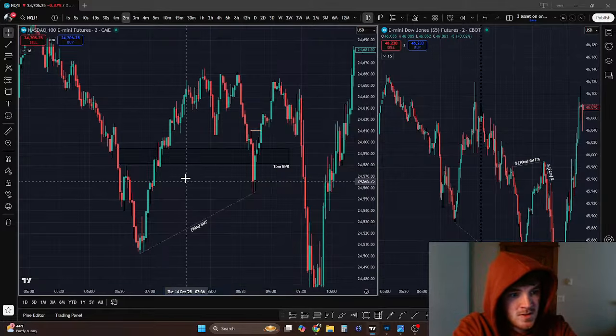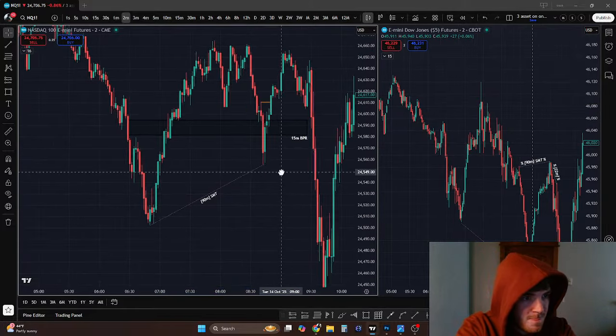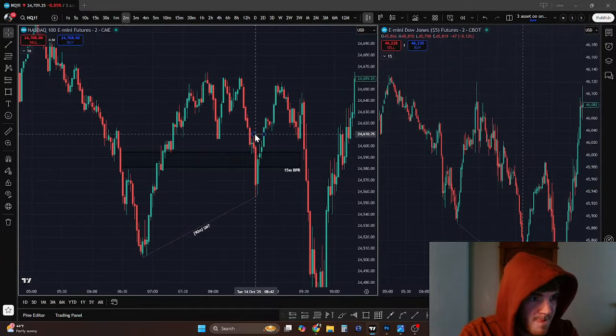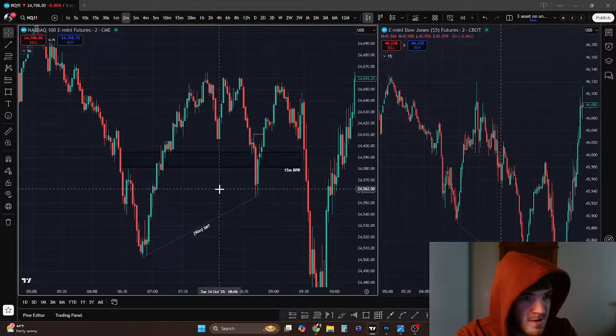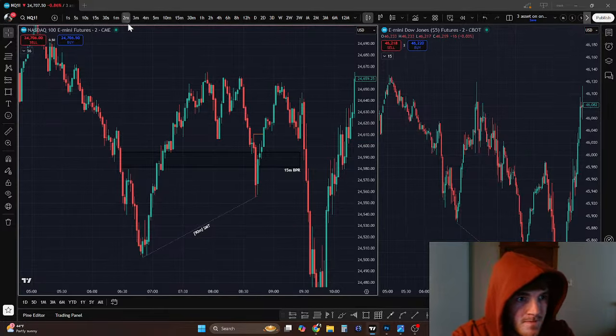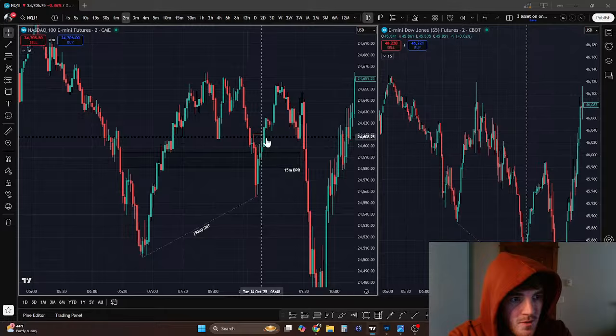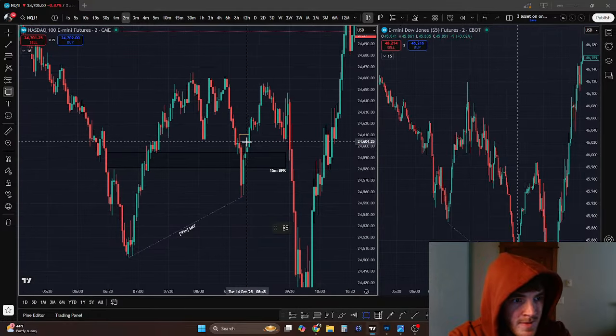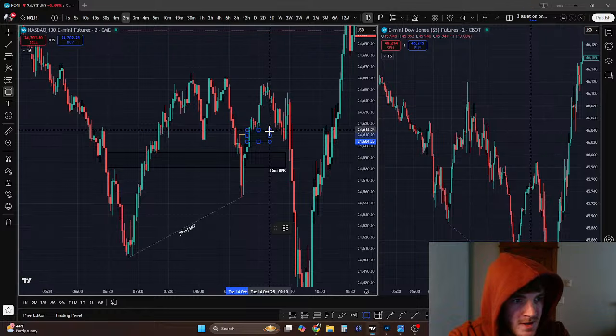So this is what I took. Essentially, this was the break. And we had a 1 minute change in state, but I was saying, okay, fair value gap should probably hold here. That's kind of the logic behind it.